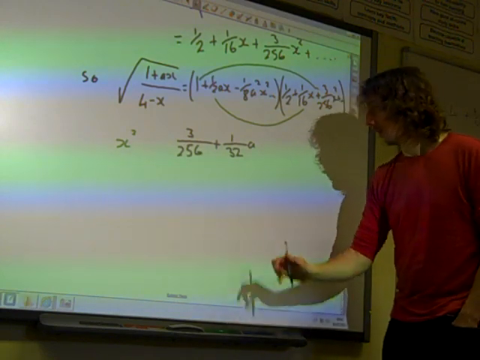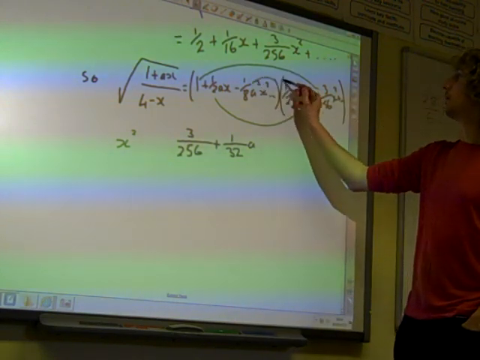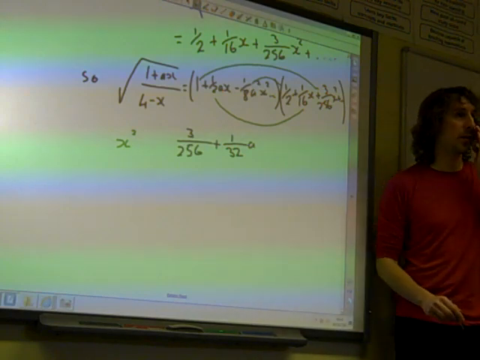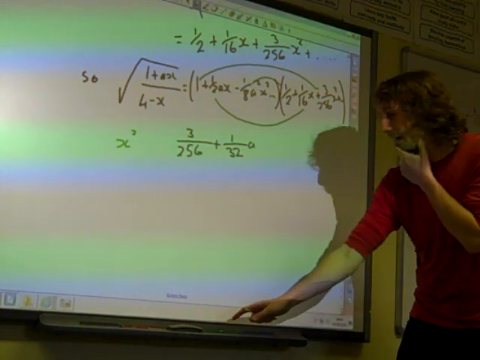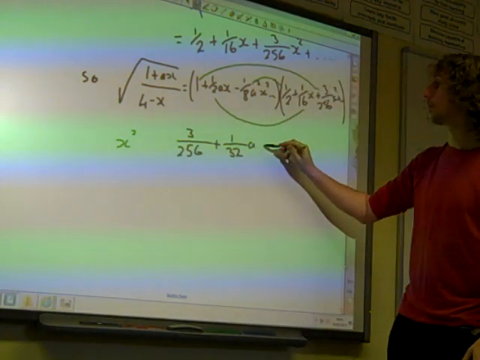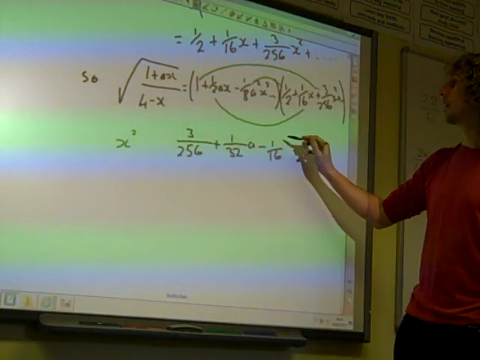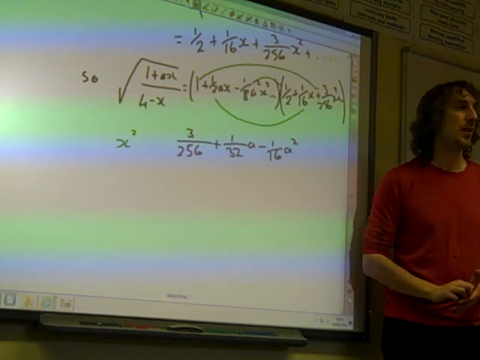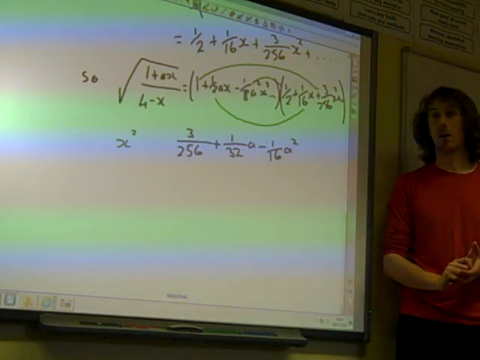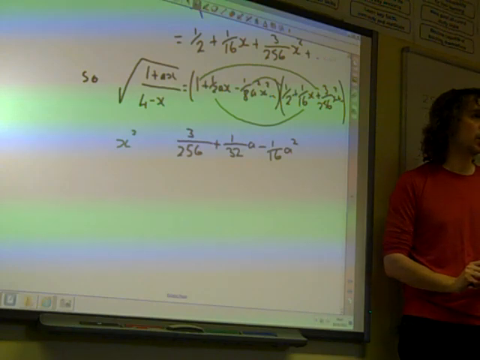And I can do it by doing this x squared term times the half that is the front of that bracket, and that would give me minus a 16th times a squared. And that's my coefficient of x squared.